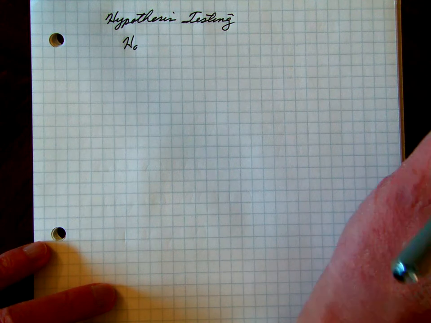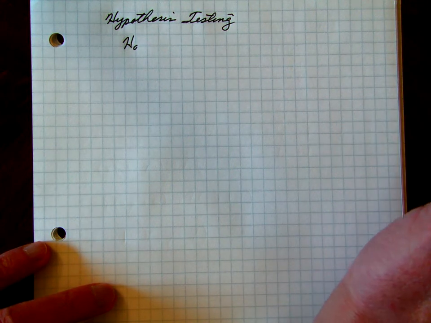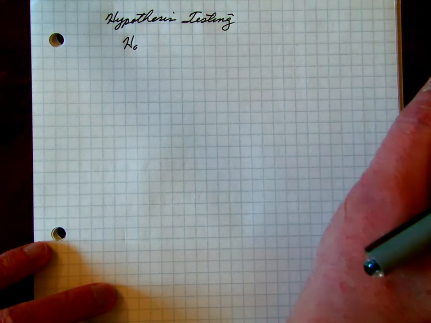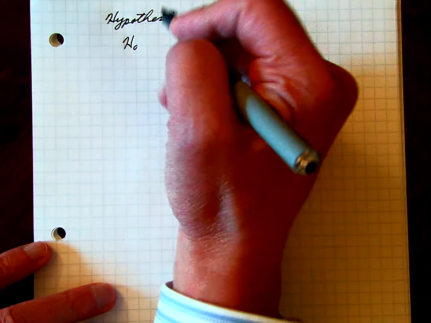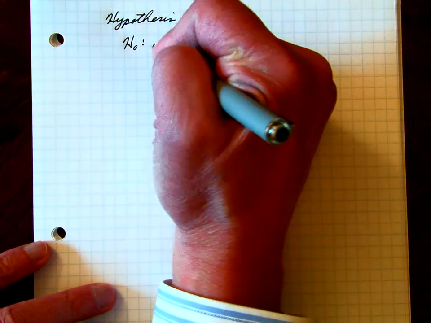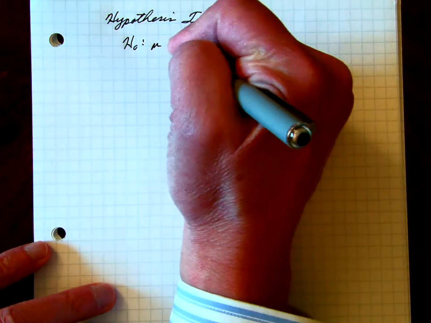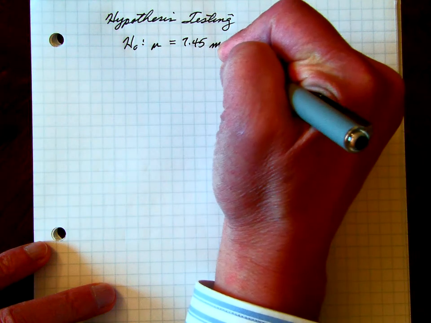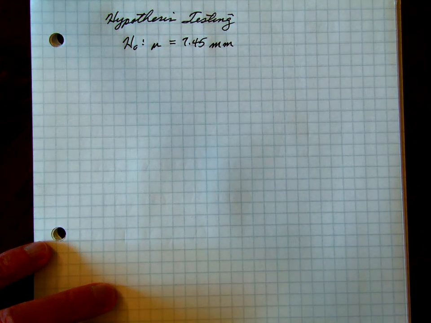And let's suppose you're a manufacturer and you have a contract to build a certain object, and we're simply going to say the basic assumption is that its mean length is 7.45 millimeters.